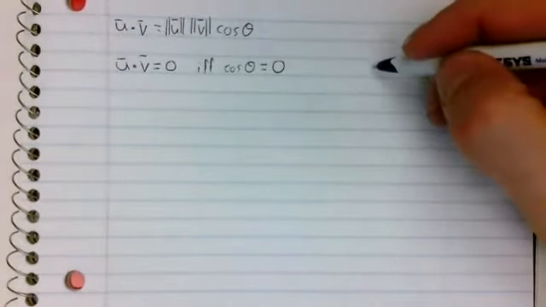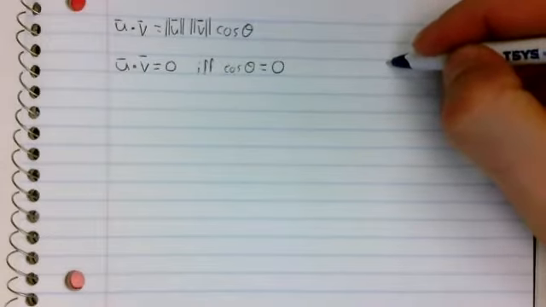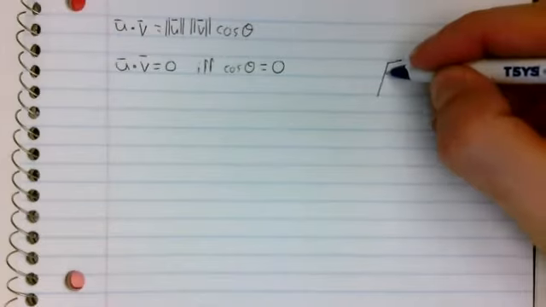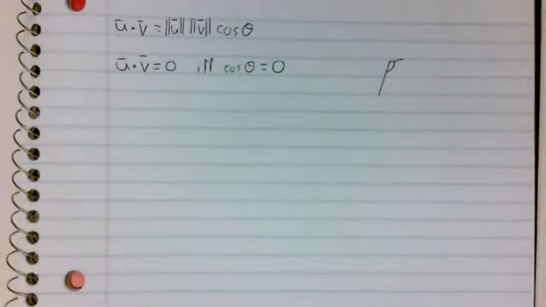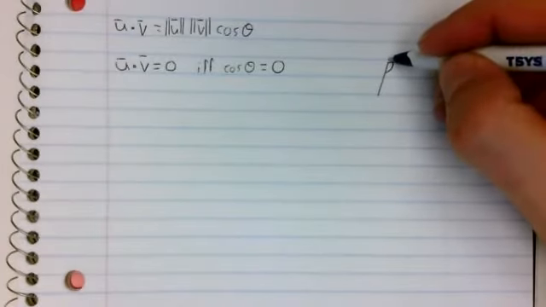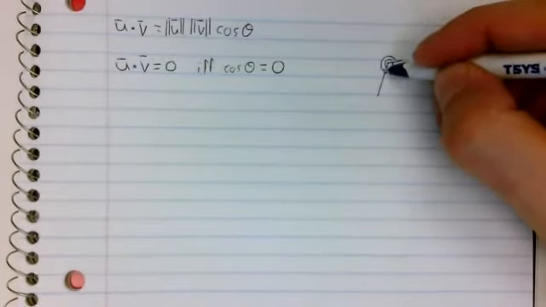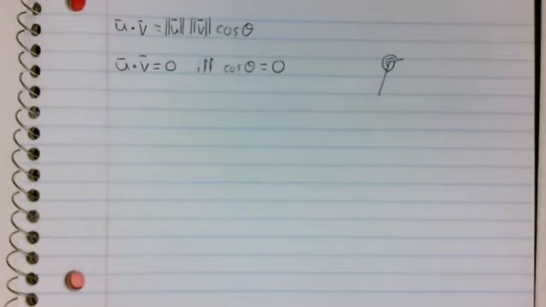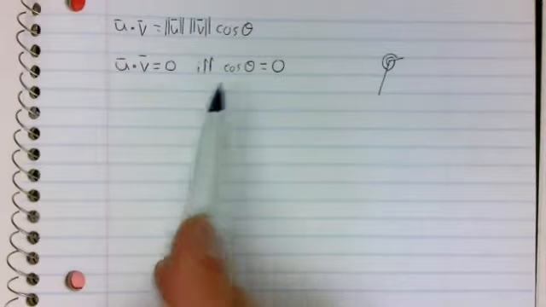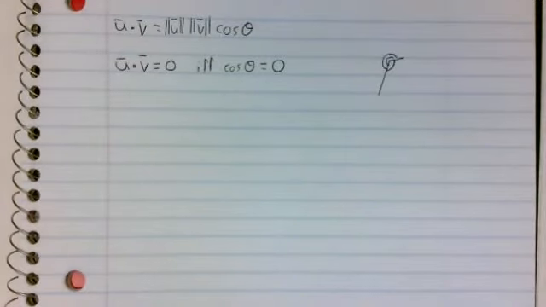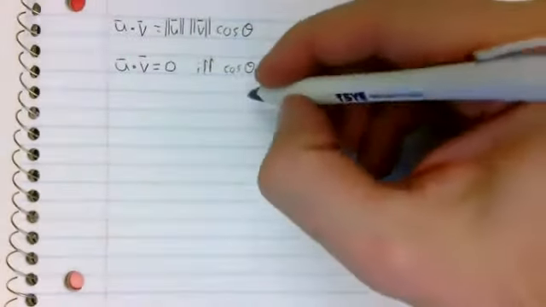Assuming that when you have two vectors, the angle you choose between them is the smaller of the angles as opposed to the larger of the two, there's only one way that the cosine of theta can be zero.